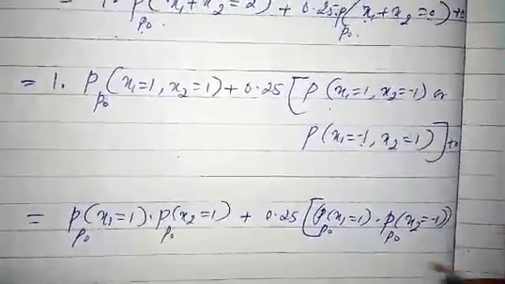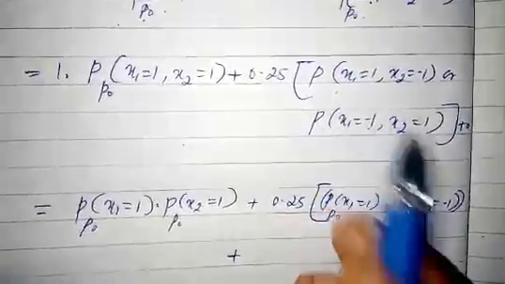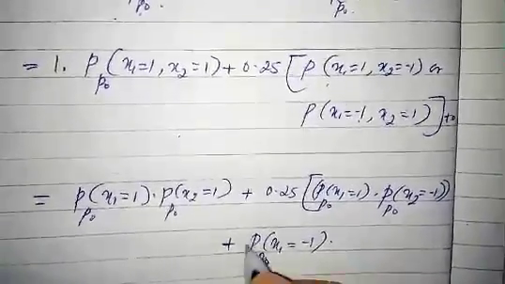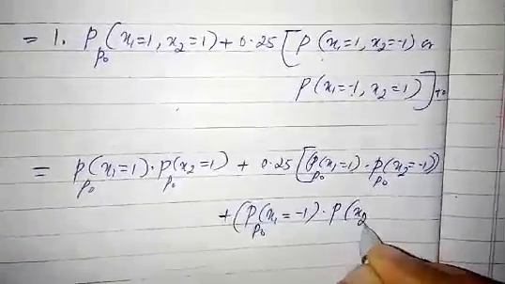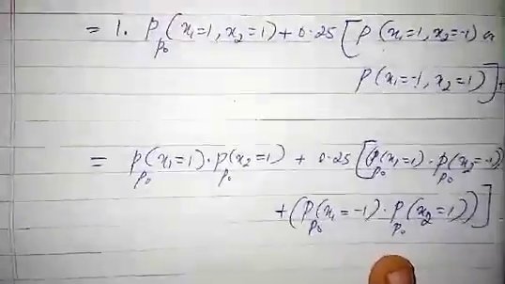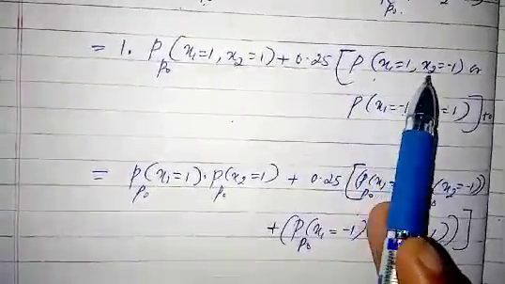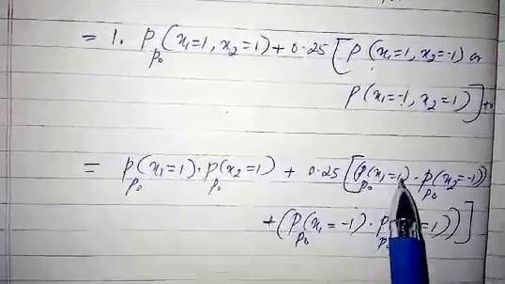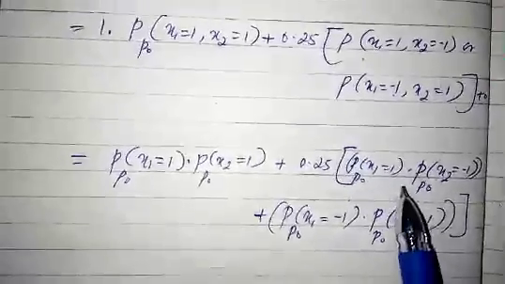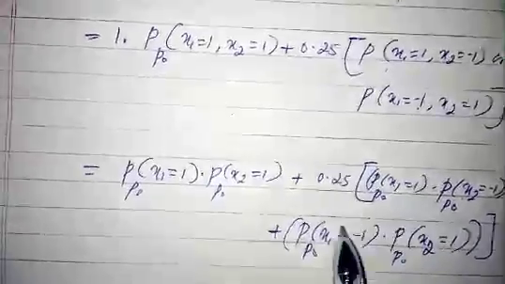Plus the second term, which is the probability of x1 equal to minus 1 under p naught times the probability of x2 equal to 1 under p naught. Is it clear? You studied this in probability theory.